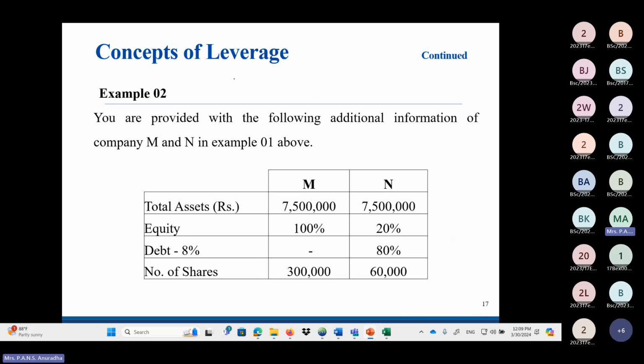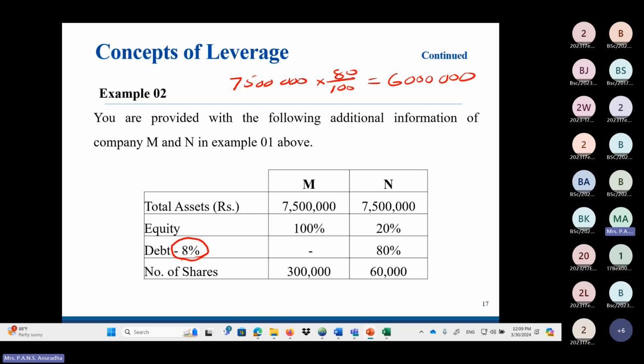So 7.5 million is the total asset. From 7.5, 80% means how much? 6 million, no? It is 6 million. For this 6 million, you have to pay interest. Cost is 8%.